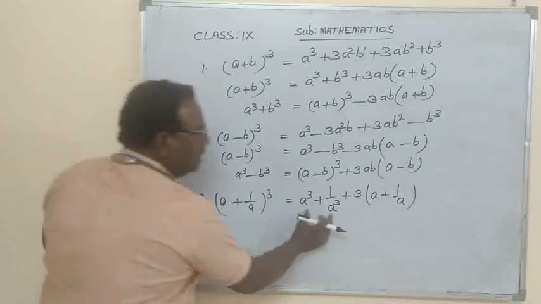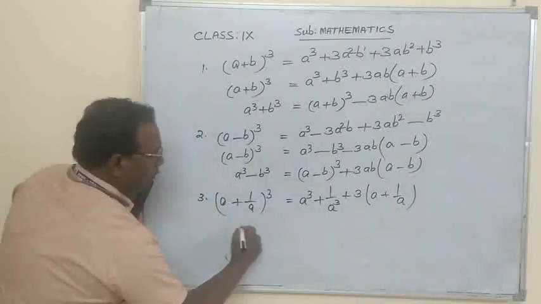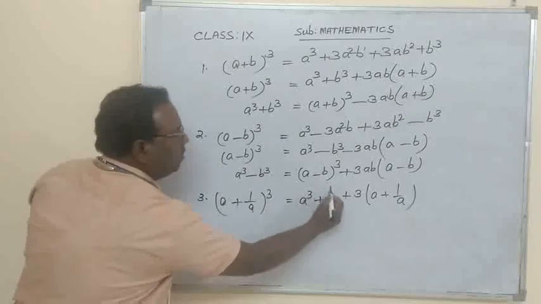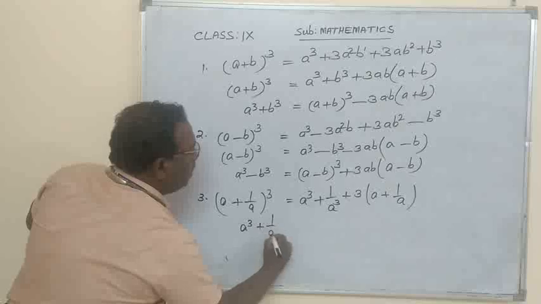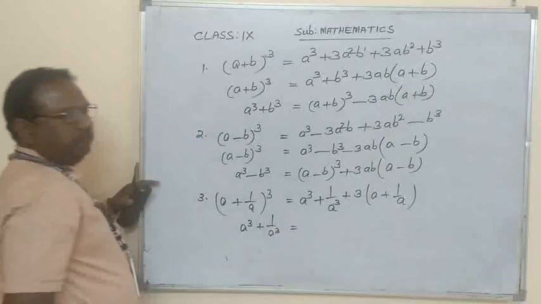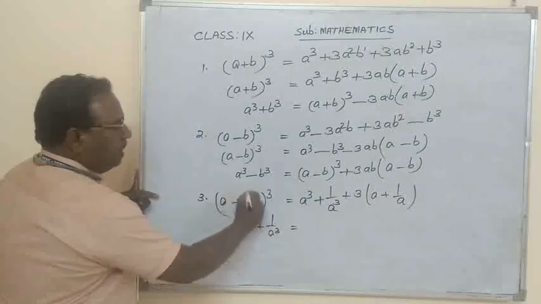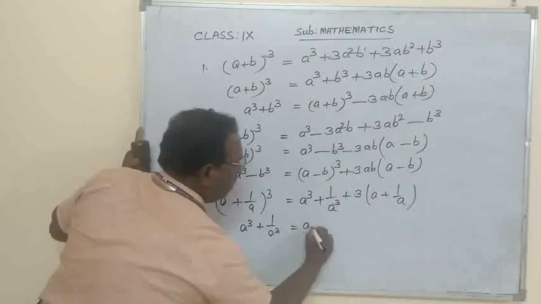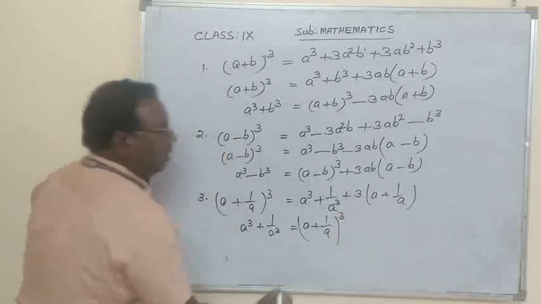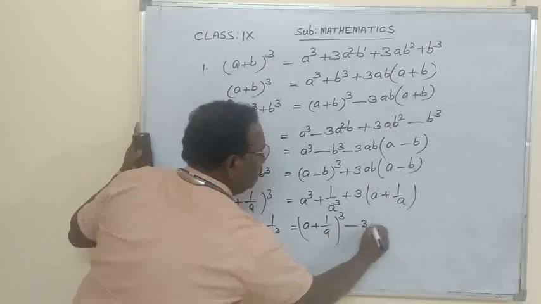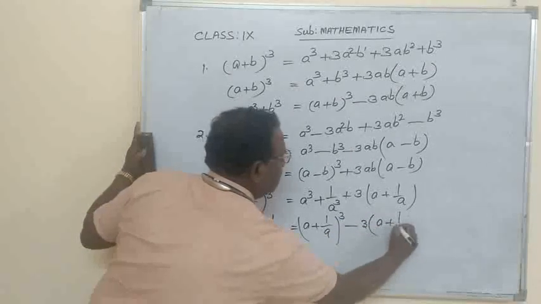And from this result we can derive one more form, that is, a cube plus 1 by a cube. a cube plus 1 by a cube is equal to (a plus 1 by a) all cube minus 3 into (a plus 1 by a).